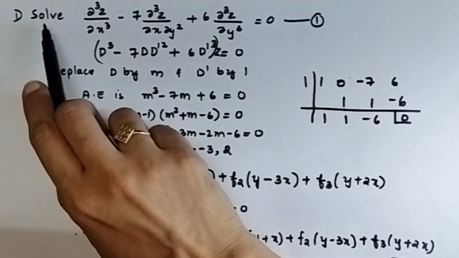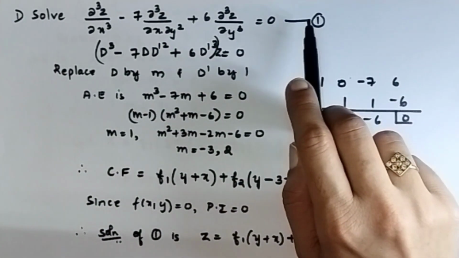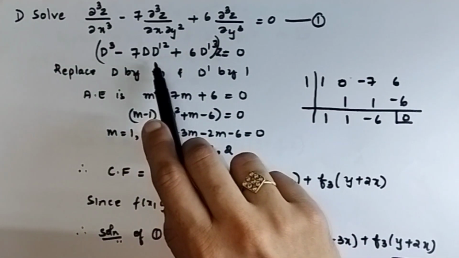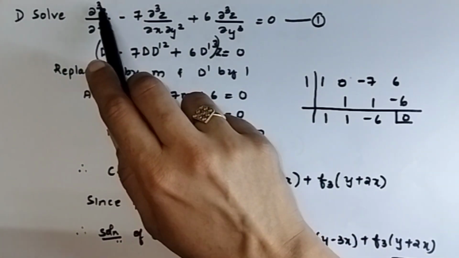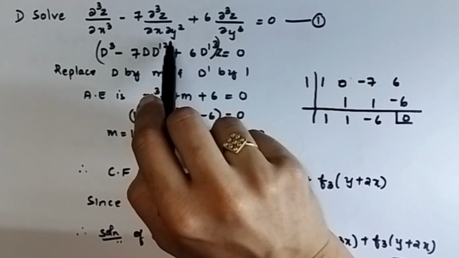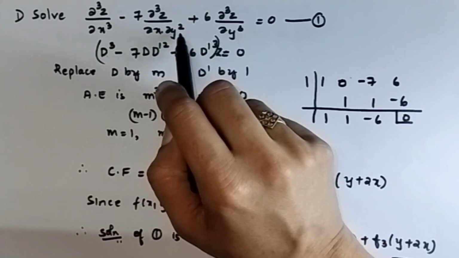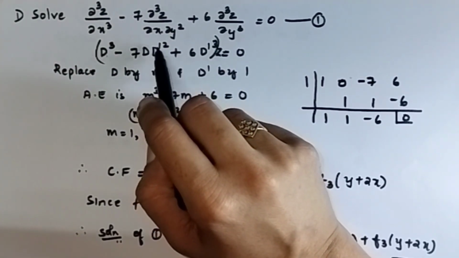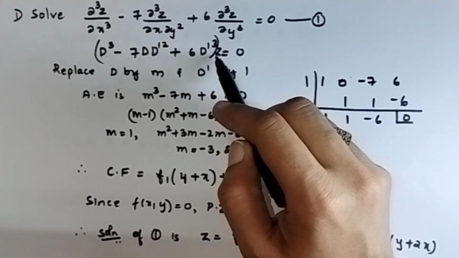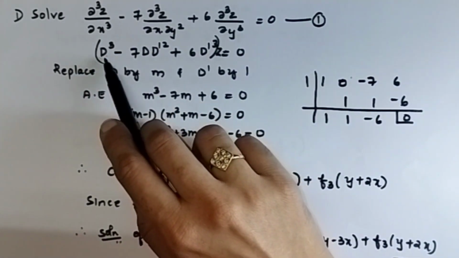Now see here, the first problem is, this is the given equation. The first step is you have to write down this equation into f of d comma d dash form. So d cube minus 7 into d dash square, because 1 with respect to x, second order derivative with respect to y, therefore d dash square plus 6 into d dash cube into z equal to 0. With respect to y, d dash, with respect to x, it is d.